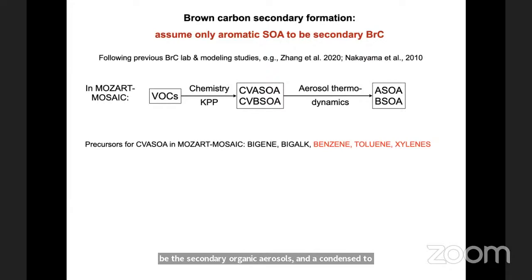Then we assume only the aromatic secondary organic carbon to be brown carbon, secondary brown carbon, following previous lab and modeling studies. Here I highlighted 3 of the 5 aromatic VOCs that produce secondary organic carbon. So we account for the SOA produced from these 3 VOCs as the secondary brown carbon production.